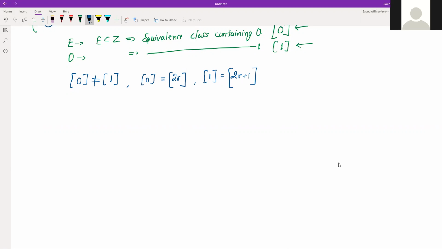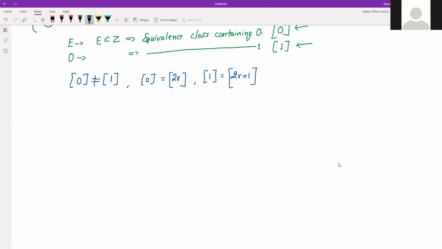So whatever we have seen is actually true for an arbitrary equivalence relation R. For any equivalence relation R, we will have these three facts which we have seen above.